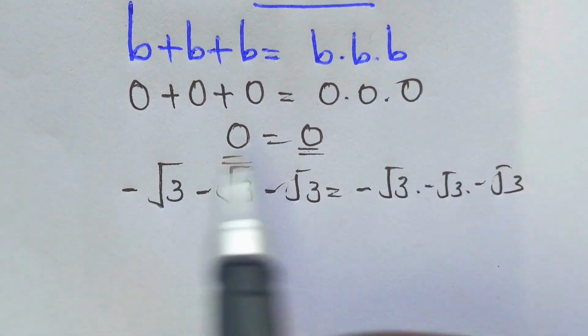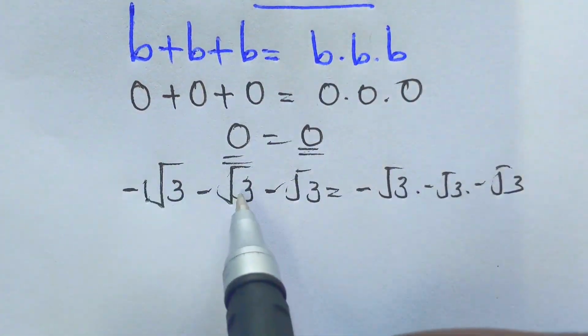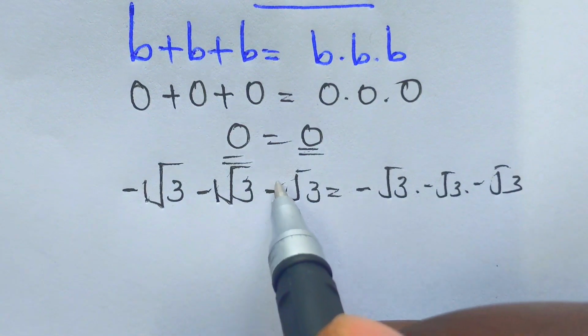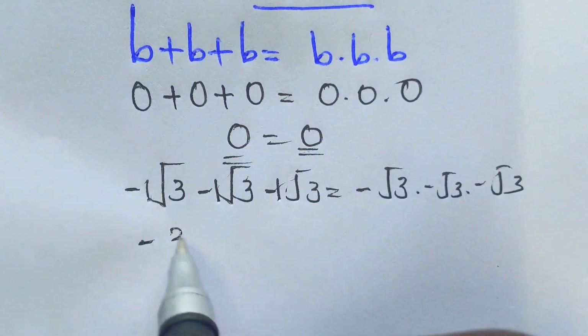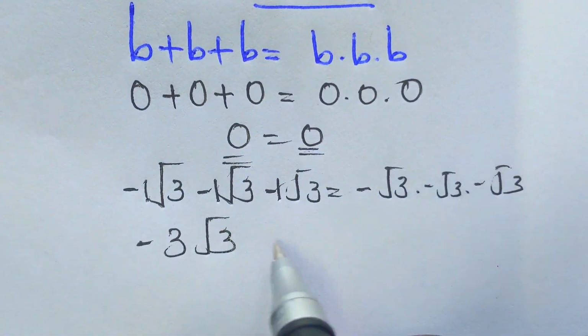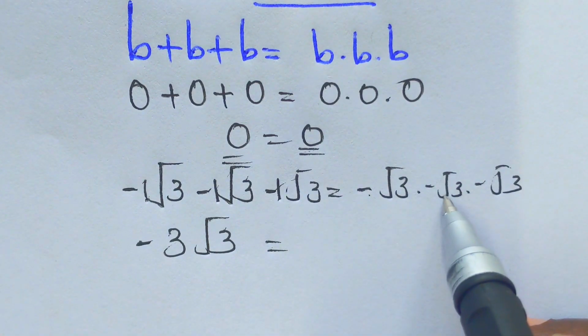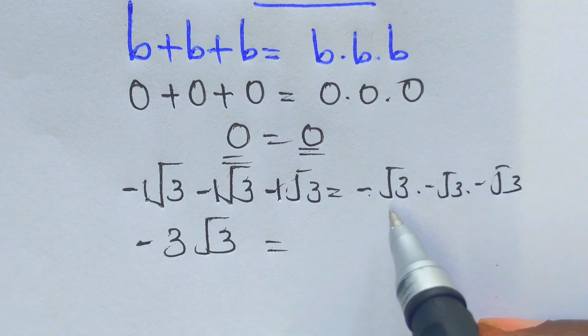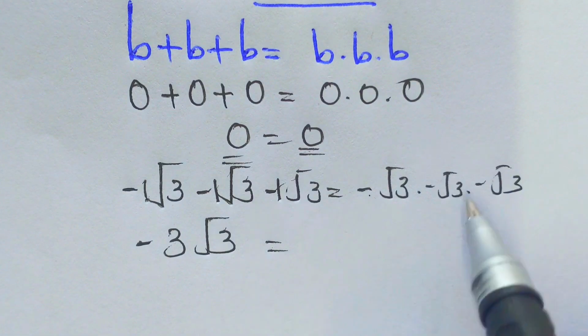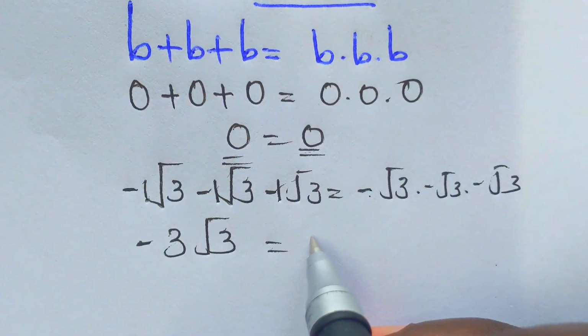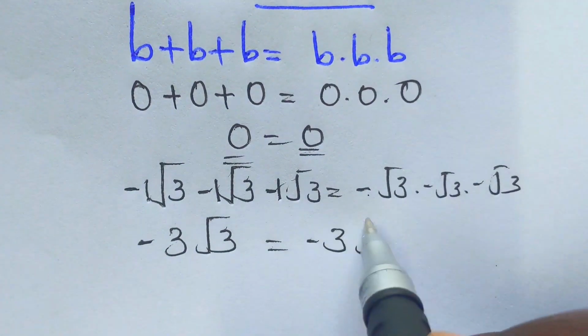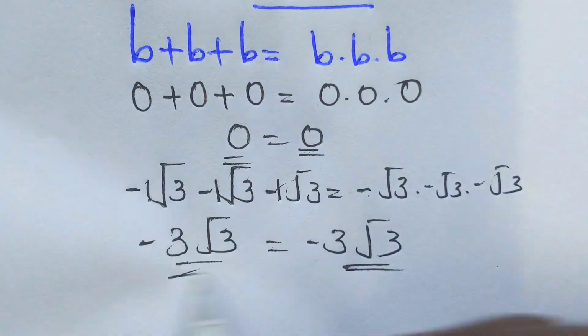The left side gives negative 3 square root of 3, and on the right, negative times negative is 3, and 3 times negative 1 gives negative 3 square root of 3, and these are equal.